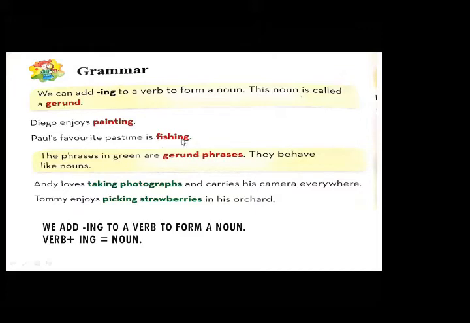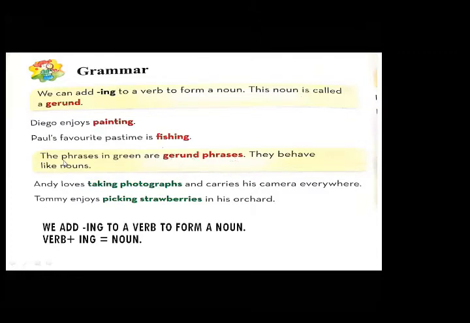Fishing is a verb, but when we add ing, here it is used as a noun, because someone is doing this word. Now see, the phrases in the green are gerund phrases.